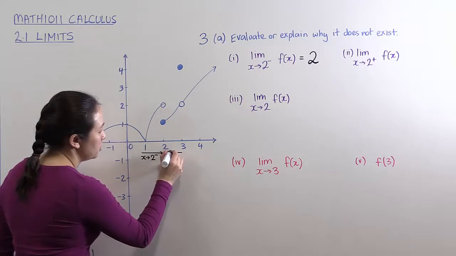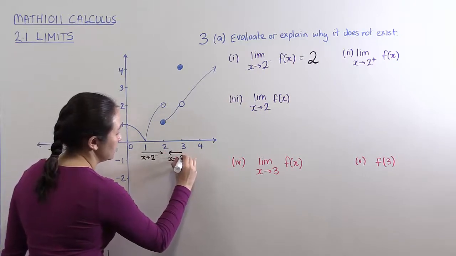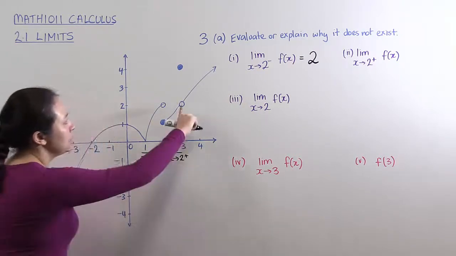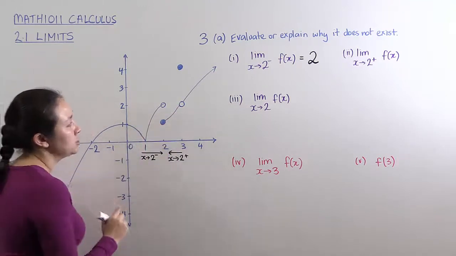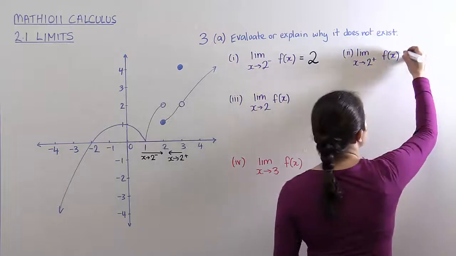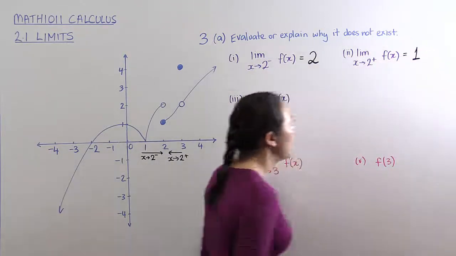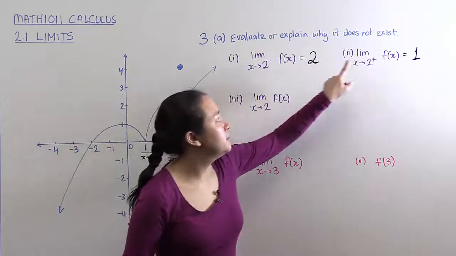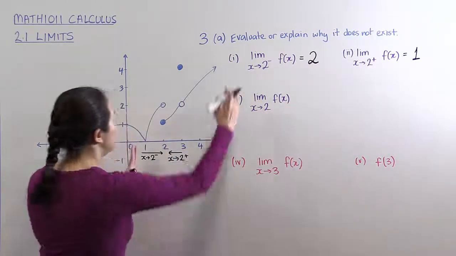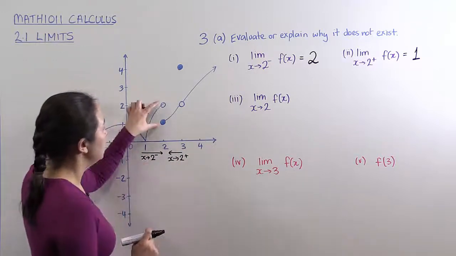However, if we approach 2 from the right, as x approaches 2 plus, we can see our function will get closer and closer to the value of 1, and so our limit as x approaches 2 plus of f of x is going to be 1. Now, these are different values. The limit from the left and the limit from the right are different values. They approach different points here.